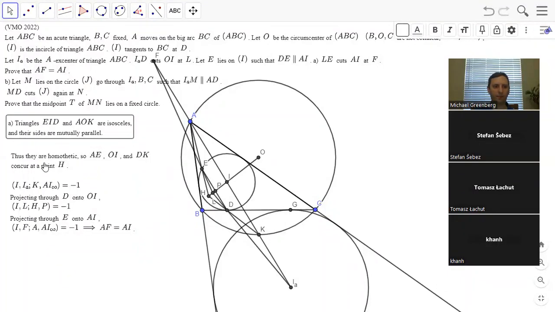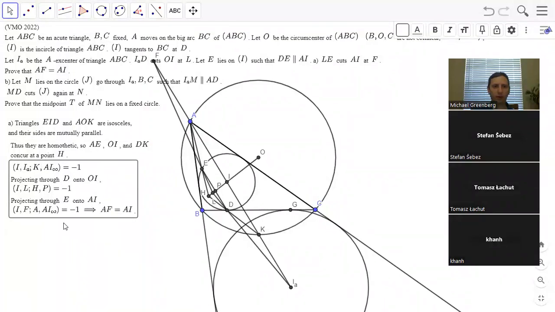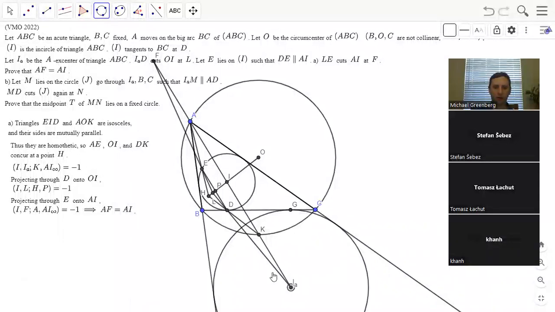Let M lie on the circle J through I_A, B, and C. So obviously center K. Oh, so what they called K, we call, okay. So I_A M is parallel to AB.